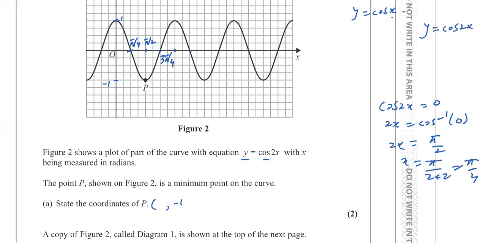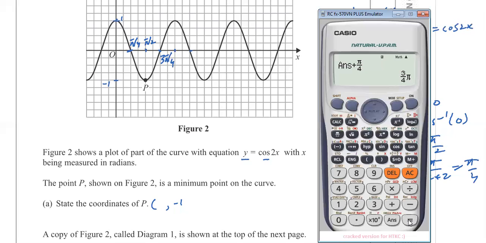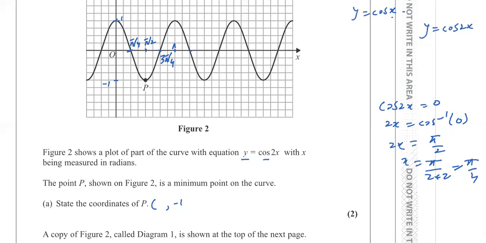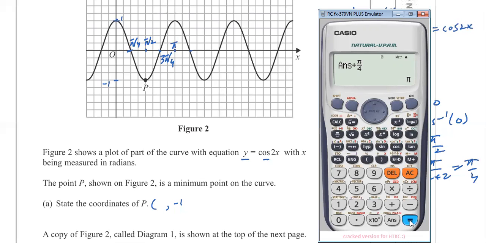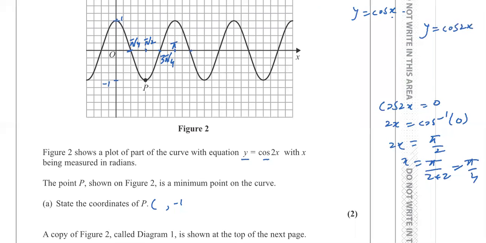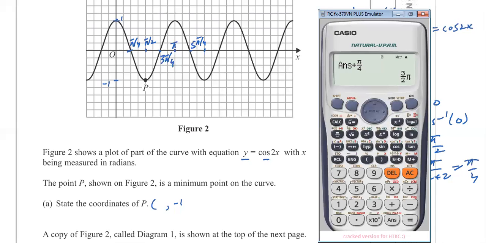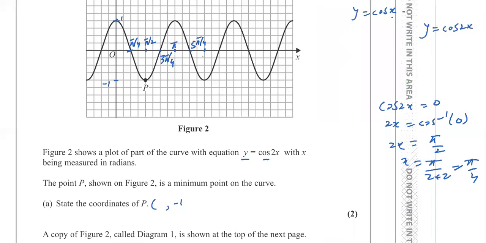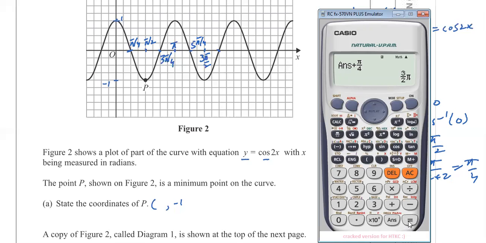Then add another pi by 4 to this value. Adding another pi by 4 will be pi. Adding another pi by 4, that will be 5 pi by 4. Now this one is 5 pi by 4. Adding another pi by 4 is 3 pi by 2. Sorry, I think I made a mistake.